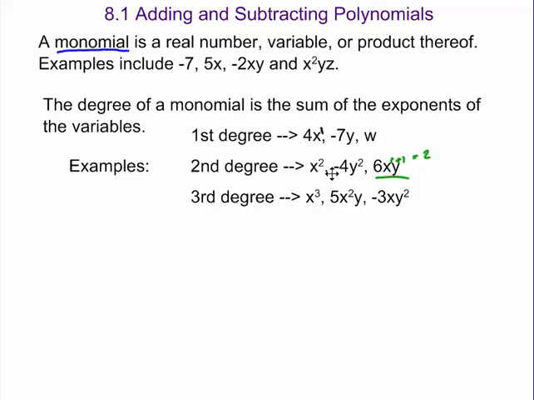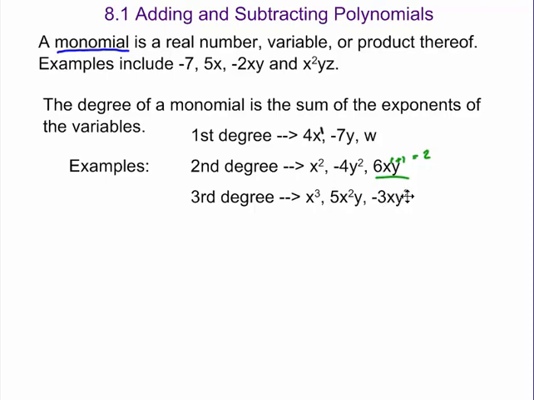Well, if you look, the only difference is all the variables are to the second degree, x squared, y squared. Here, I have two variables. 1 plus 1 is 2. Okay, so I'm taking the sum of all the exponents of the variables. Down here to the third degree, I could have one variable cubed, absolutely, or I could have one variable squared and one variable to the first. 2 plus 1 is 3.